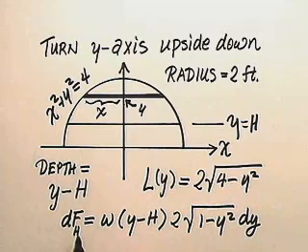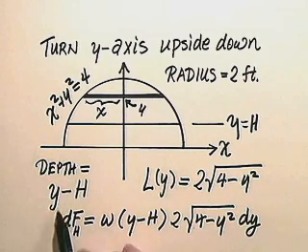So when the depth is h, the little bit of force on that horizontal strip is the weight density of fresh water w times y minus h times twice the square root of 4 minus y squared dy. So there we have it. And so what do we want to integrate from here? What are our limits?